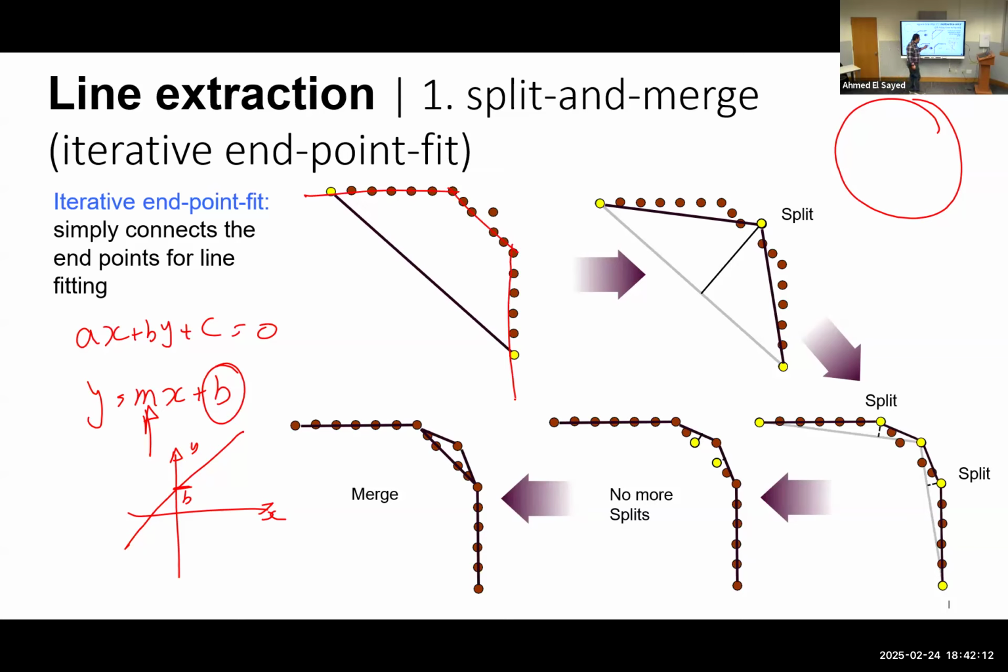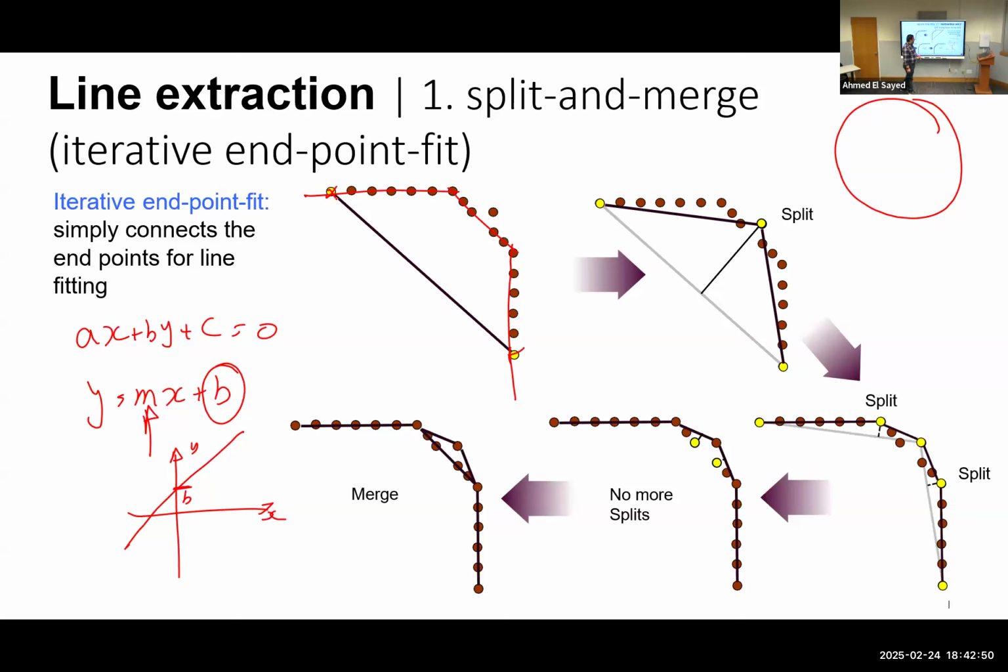Now the question is, how can I find those three equations? They said it doesn't matter how many lines you have, I will start with the two ends of your points. I will connect them and find the line connecting them. Very straightforward. If you have two points, can you find the line connecting them or not? This is algebra 1 in middle school. So connect the two points and find the equation of the line.